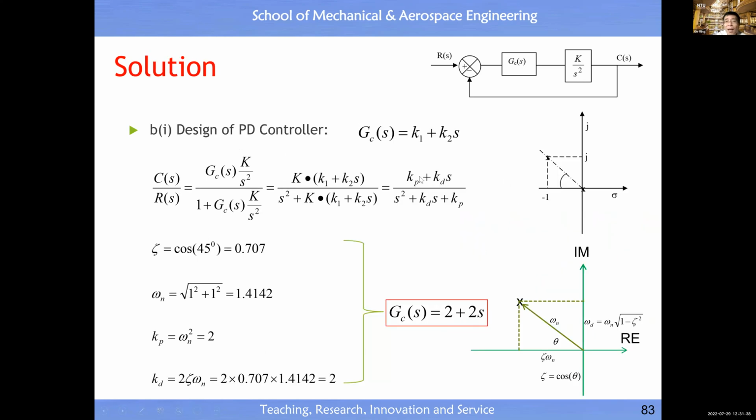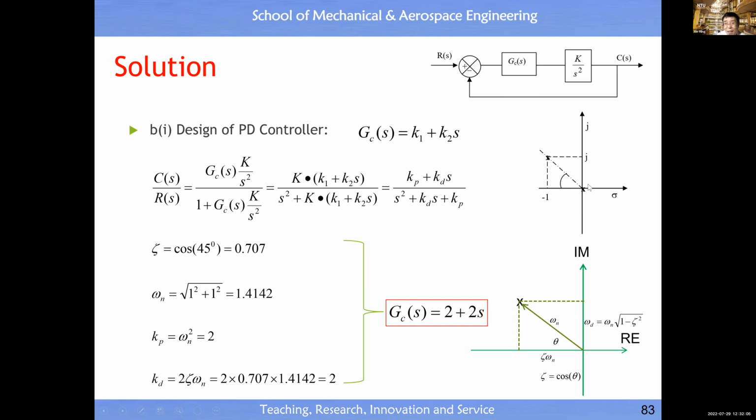Now we use a PD controller. D means derivative. Once you see a derivative, you have an s. Then in the frequency domain, the controller is K1 plus K2 s, all right? Because now we insert this one, K1 plus K2 s. Then we can compute the equivalent transfer function for the forward branch over 1 minus loop. Simplify it, you get this one. Since we want the root to be -1 plus minus j1, then we know what omega n should be.